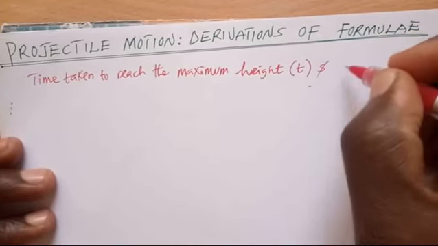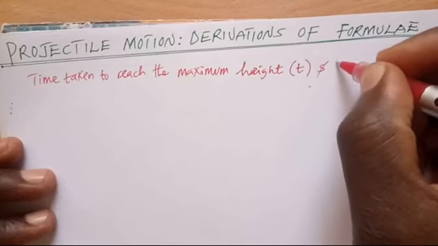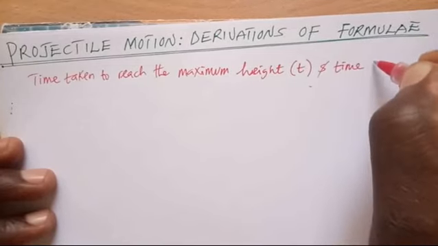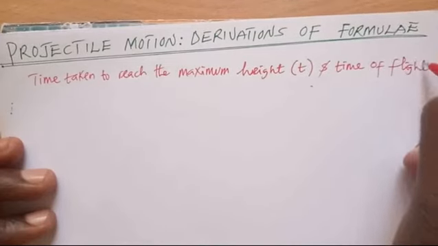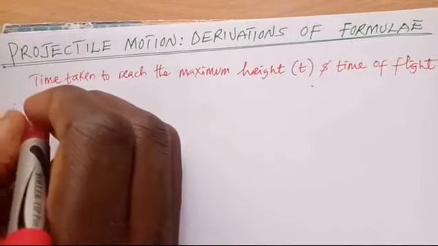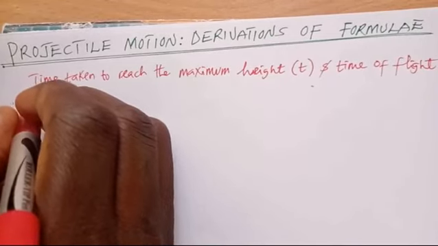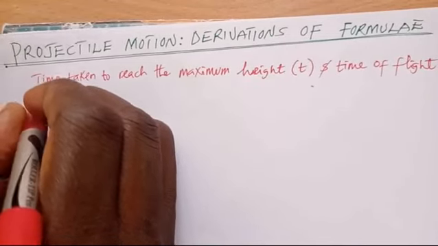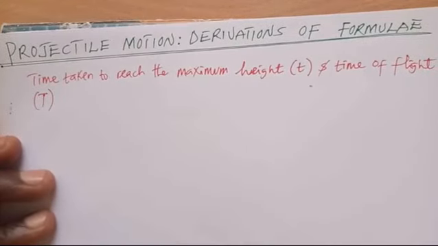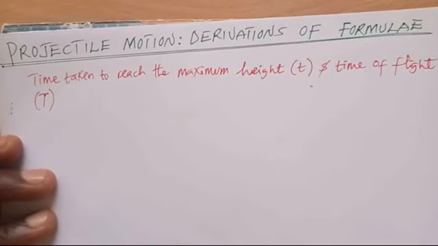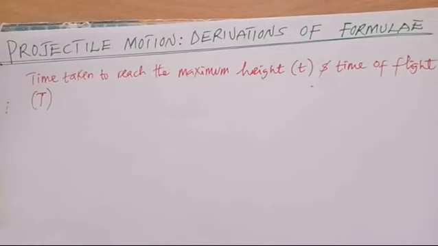And we will also get what we call the time of flight. This is the time taken by the projectile to make the complete motion, from the point of projection to the point of hitting the projection plane again. So let's see how we will get that.